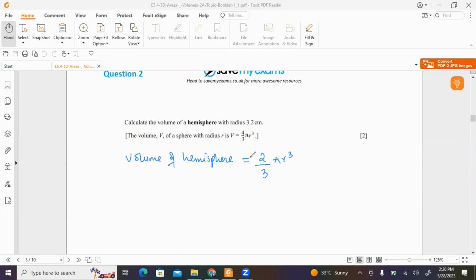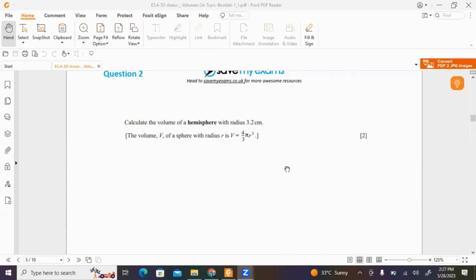That is the formula. Since there's just one unknown, which is the radius, substitute that value. Then just plug it in the calculator to find the exact value. So 3.2 cubed times pi times 2 divided by 3 is 8.6 centimeters cubed.